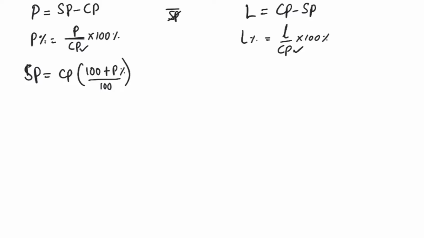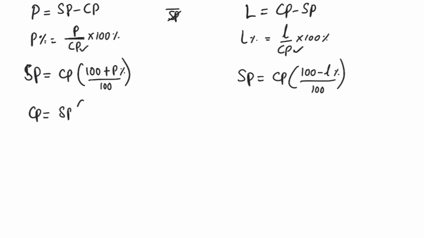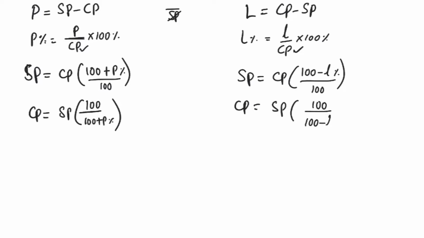If there is loss, then selling price is cost price into (100 minus loss percent) by 100. If CP is asked, CP is SP into 100 divided by (100 plus profit percent). And in case of loss, CP is SP into 100 divided by (100 minus loss percent).